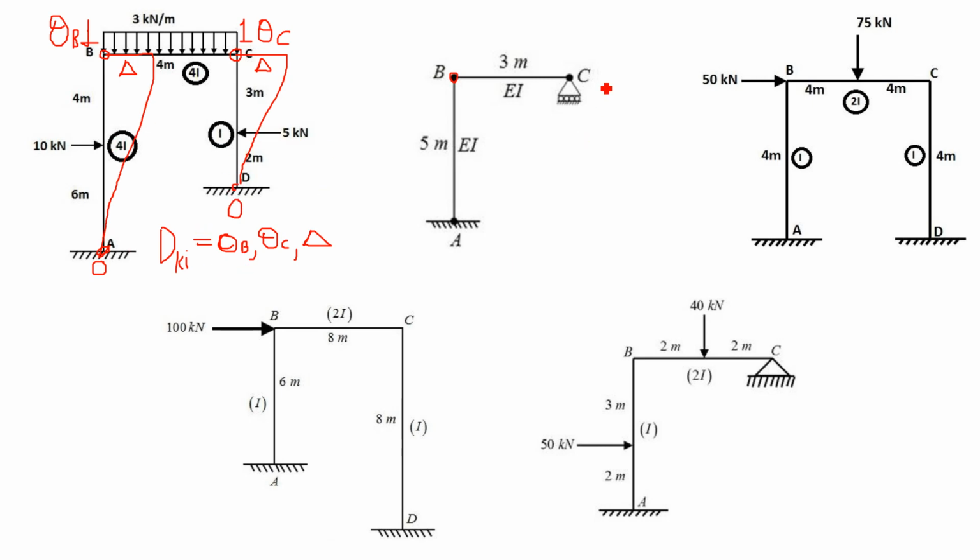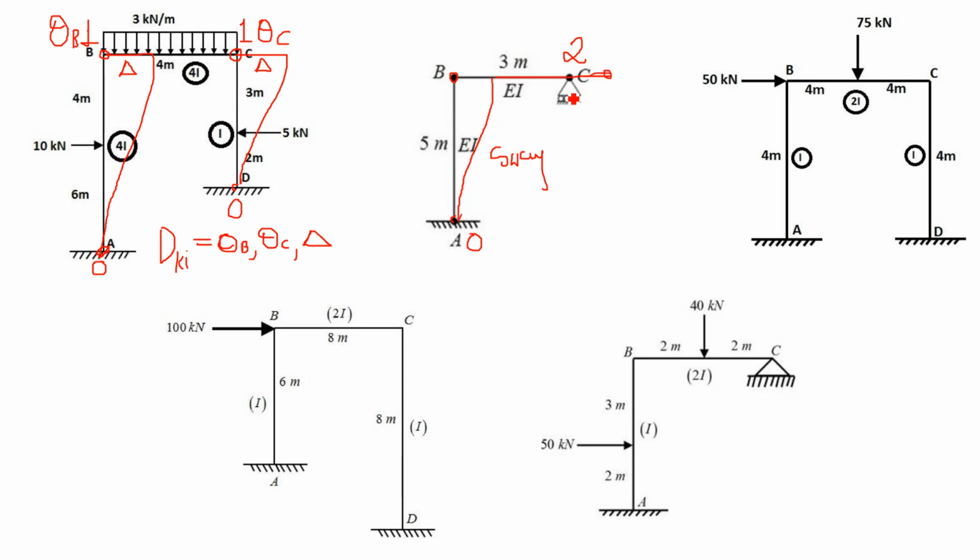Now if you look at the second frame, fixed support at A, so 0 DKI, roller support at C. So there are 2 DKI, rotation and displacement, because of this roller support. Now this frame is a sway frame. It will move towards the right, so that movement will be like this.